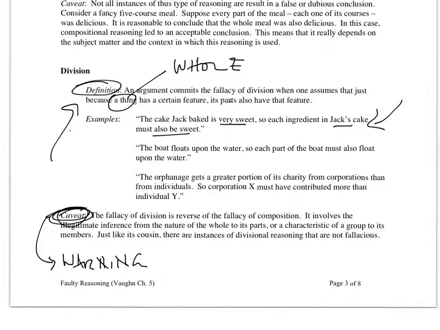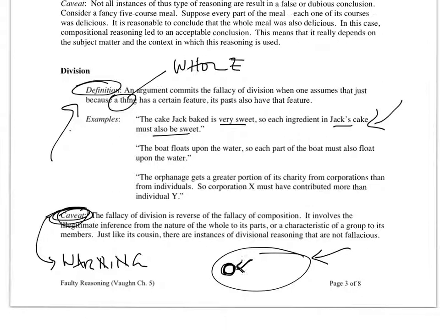Sometimes it is totally legitimate to say that something that is a feature of a part is also equally a feature of the whole. For example, if you're talking about a complex machine, if a part inside of that complex machine is broken, it's quite likely that the whole machine is not going to work well, that it's broken too. So in that case, going from part to whole makes sense.